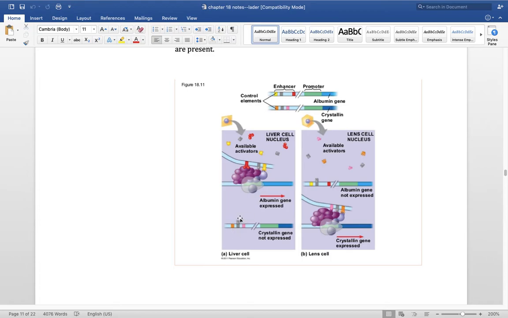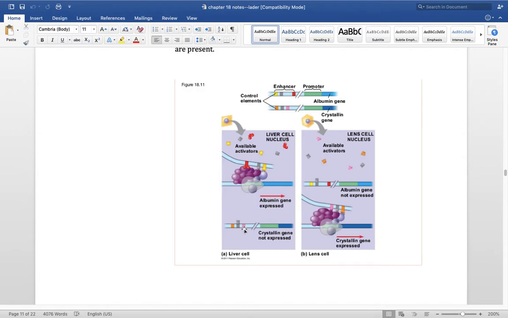Now, the liver cell also has the genes to express an eye cell protein called crystallin. However, crystallin has a different combination of control elements. Okay, you can see one is the same here, the gray one, but a different combination of control elements. All right, and the liver cell doesn't have those activator proteins, transcription factors, to read it.